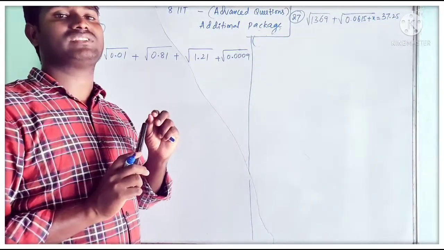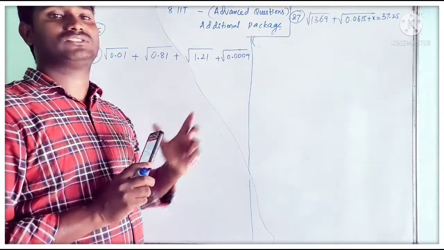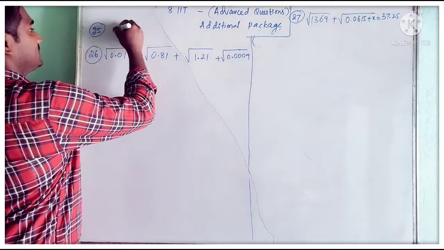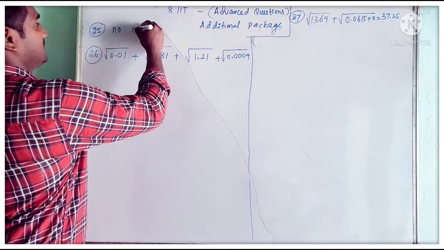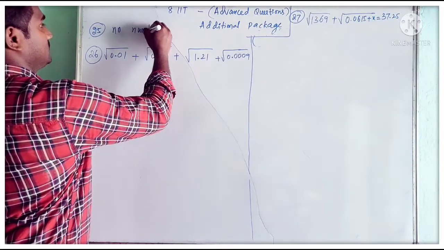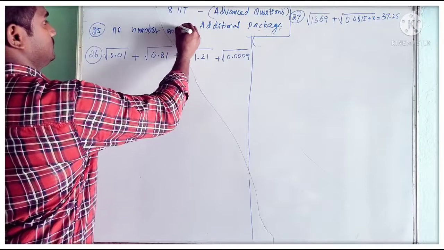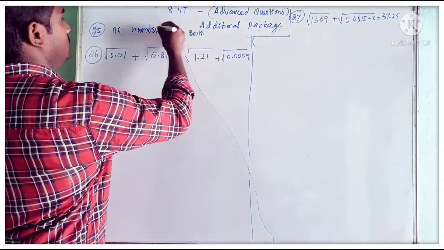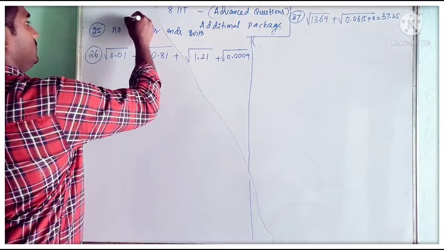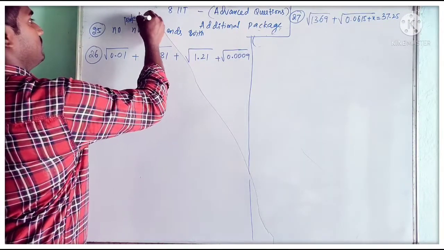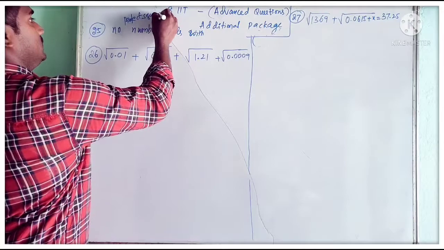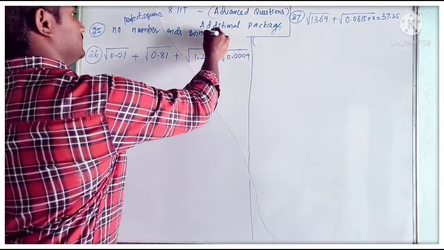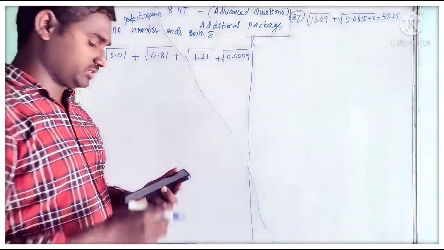So no perfect square number ends with 8.